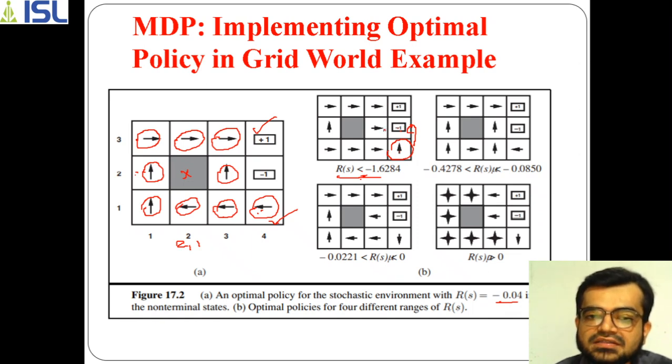So it prefers to enter this state, because minus 1 is better than minus 1.6284. That's why it takes the risk to enter this state, because the ultimate goal is to increase the reward value.